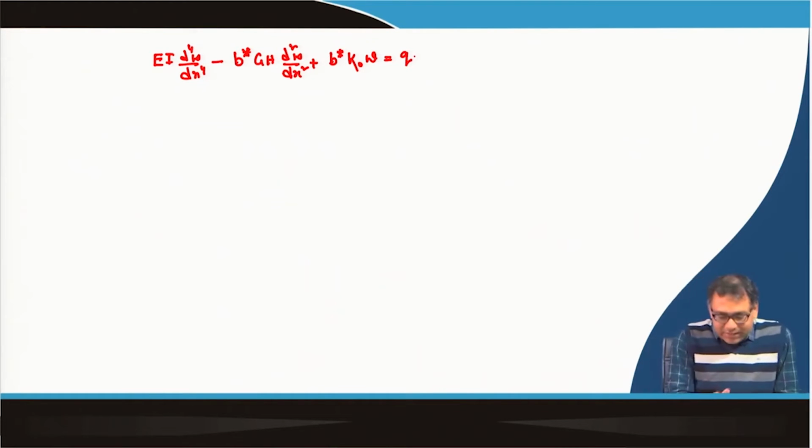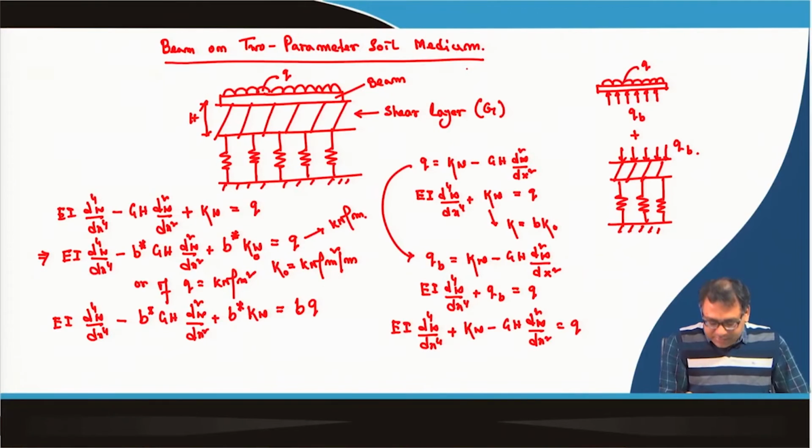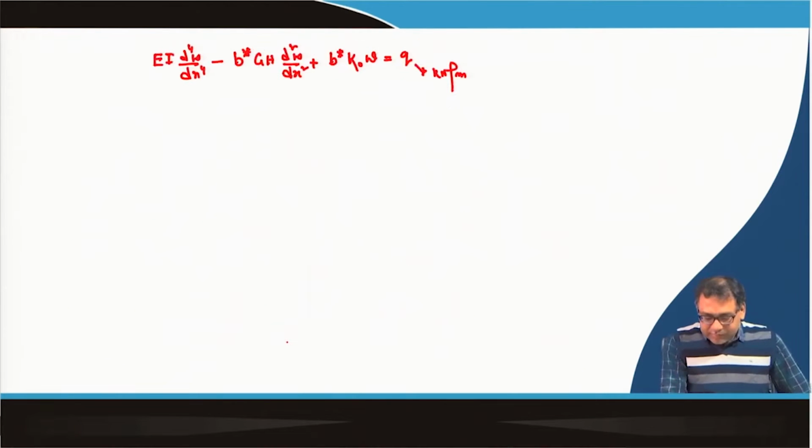Now, let me check whether this dimension is matching or not. So, as I mentioned, this expression is valid if q is equal to kilonewton per meter. Okay. If it is not kilonewton per meter, then you have to use the second equation. So, it is kilonewton per meter.